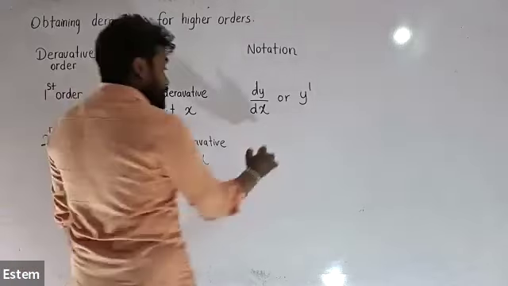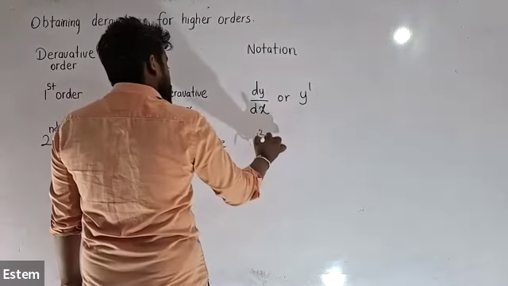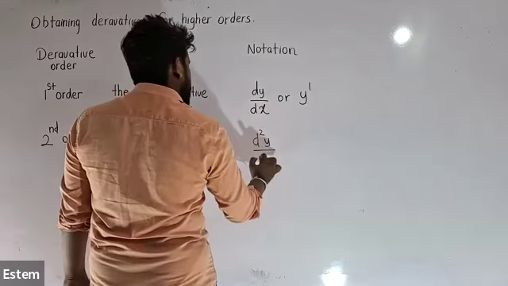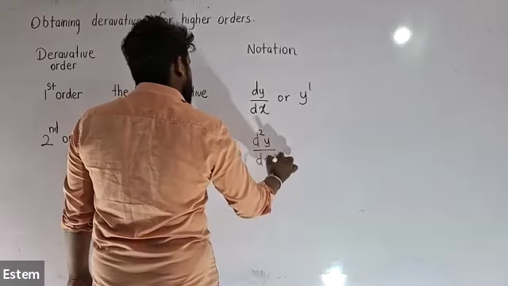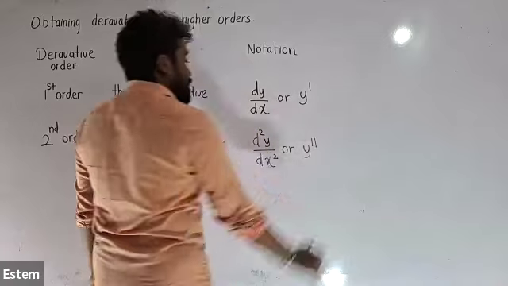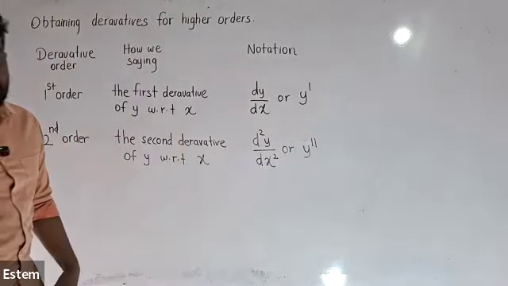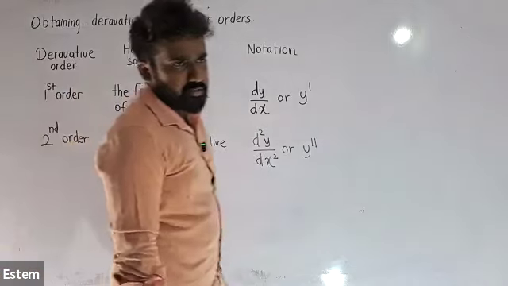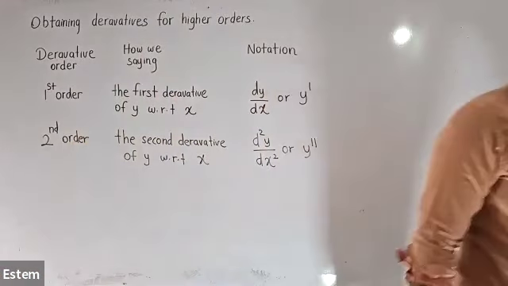Then what is the notation? d squared y over dx squared, or we can write this as y double dash. Did you get it?